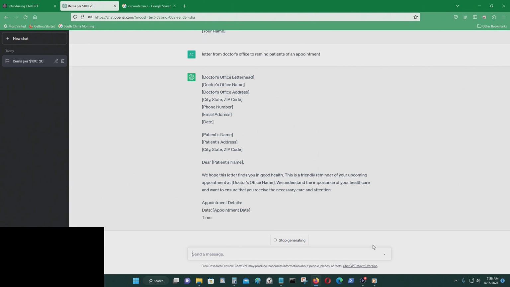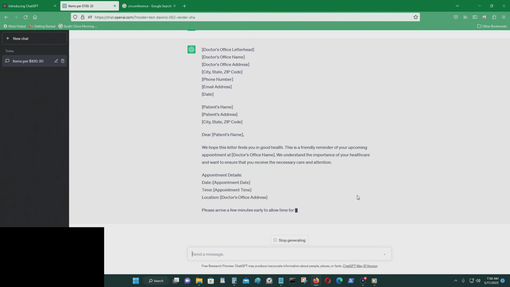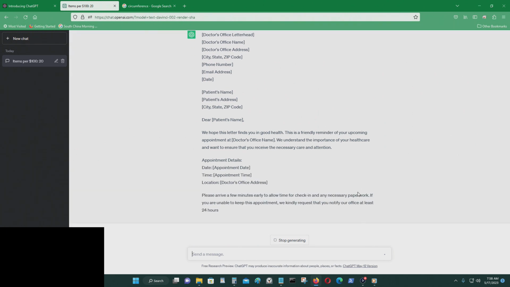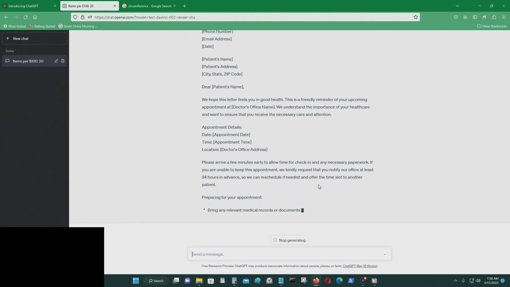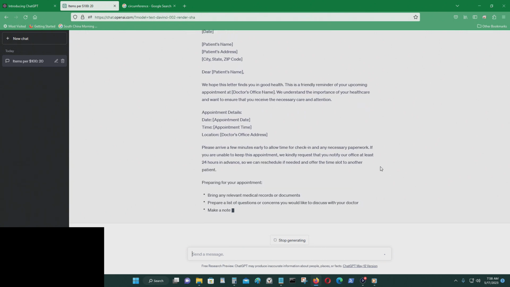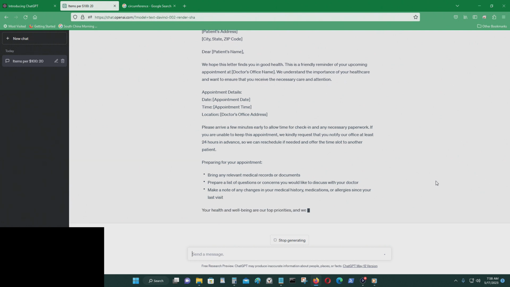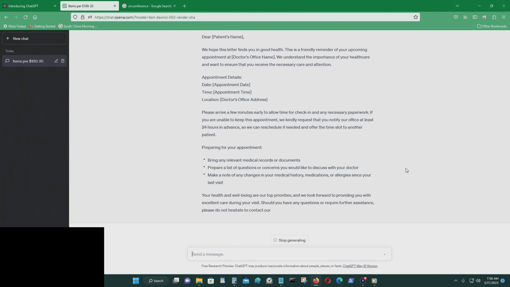Okay, this is what I wanted, so I guess you have to rephrase it a little bit differently to get the correct response. So it does take a couple of tries.